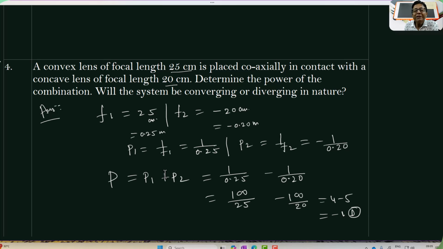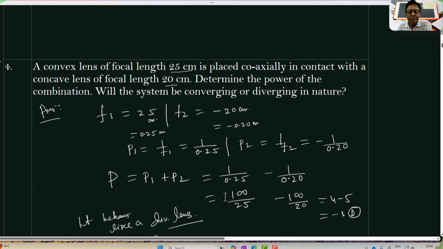So power has become negative, so it behaves like a diverging lens. Alright, hope you have understood. These are not very difficult sums.